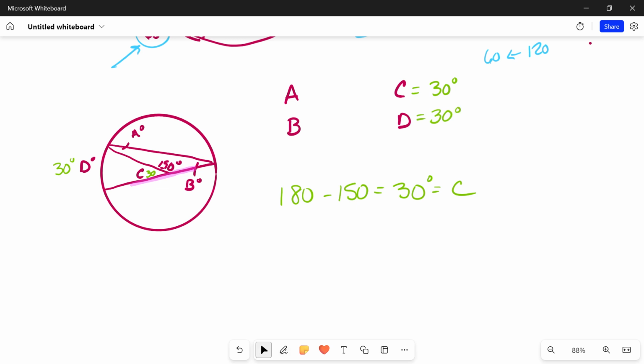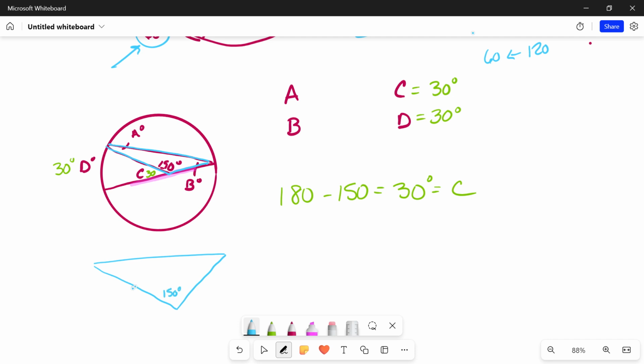Okay. Let's look now at this last triangle that we have over here. This right here. Even though it doesn't look great in my drawing, remember this is what it kind of looks like. I've got this and this. I know that this is 150 degrees, right?